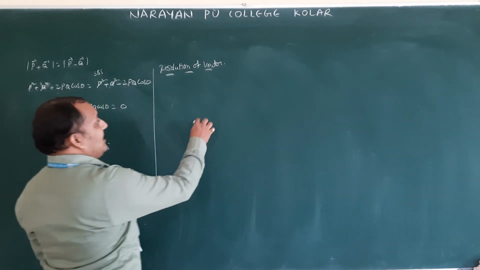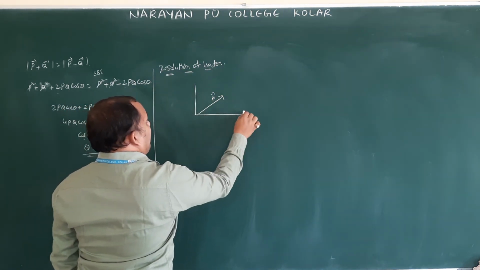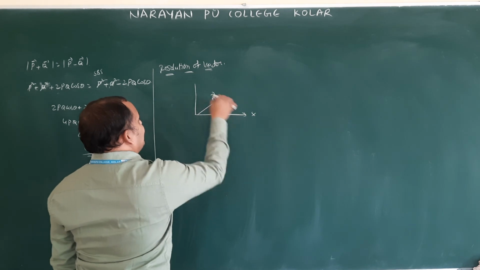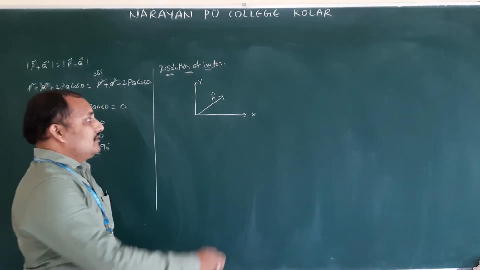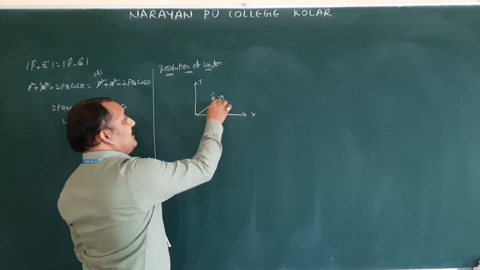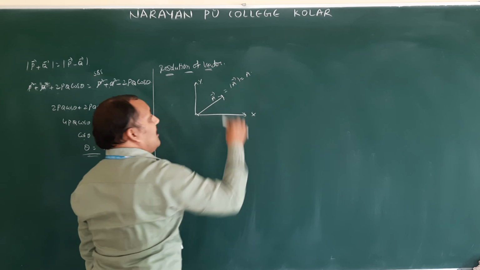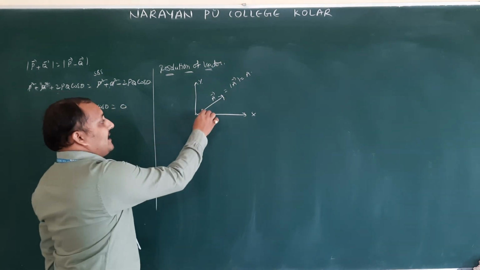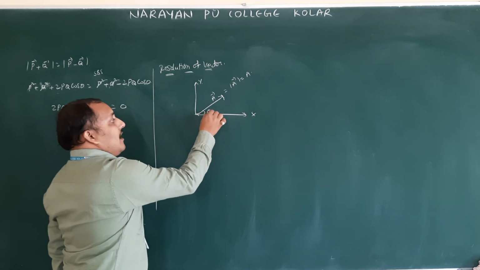Let us assume a vector a bar they give. Already you came to know this is the x axis, y axis. So a bar they gave. What is the magnitude? From here to here, this is nothing but the magnitude, that is mod a bar or a. So it is making some angle theta with the horizontal.